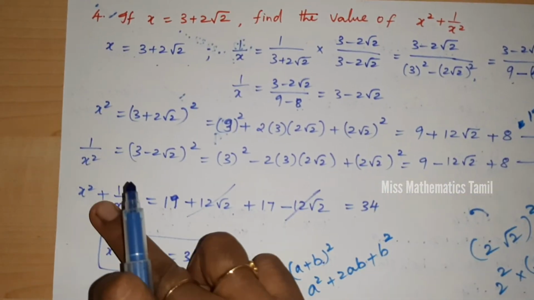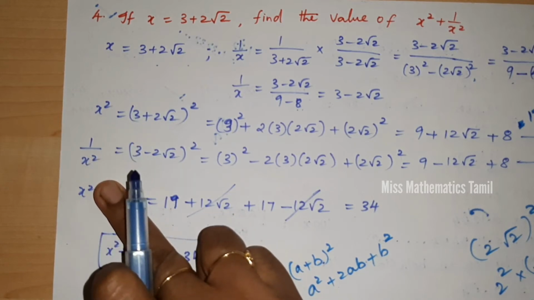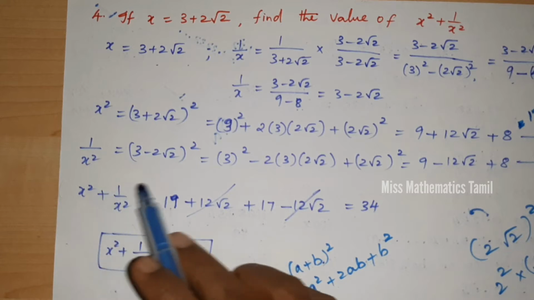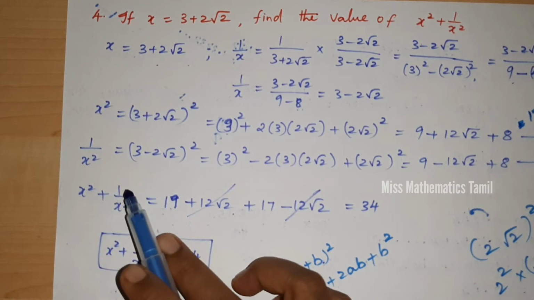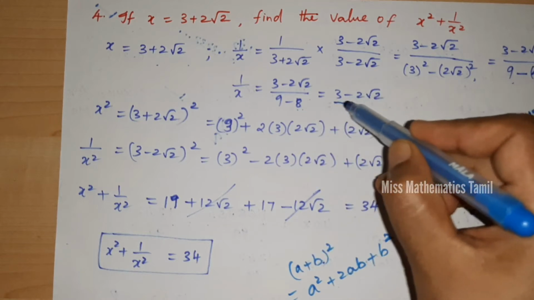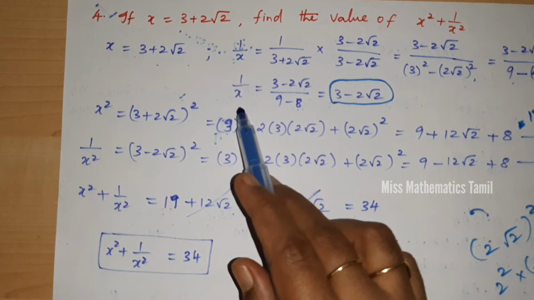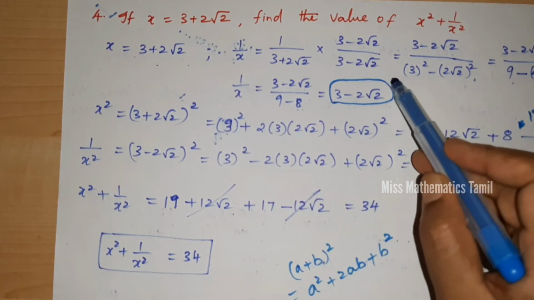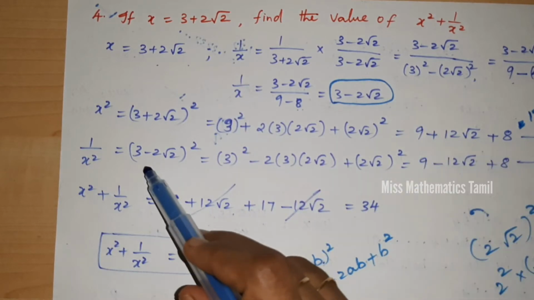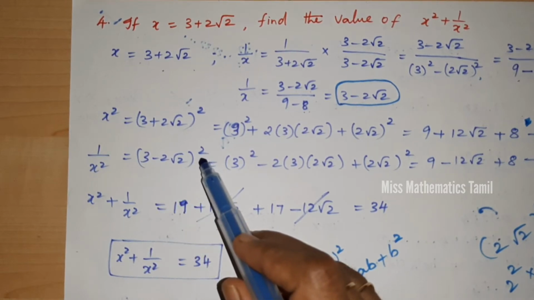Okay, second equation, I am going to find 1 by x square. Right? So, 1 by x square. What is that? 1 by x is equal to, see here, 3 minus 2 root 2. So 1 by x square means we have to do the square of this: 3 minus 2 root 2 the whole square. You got it?